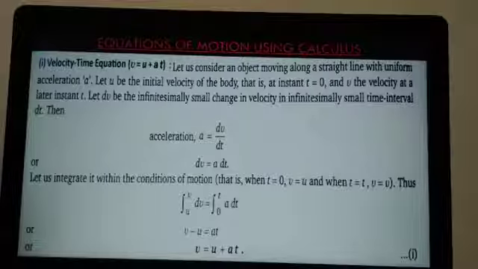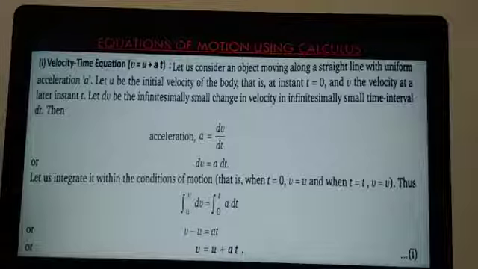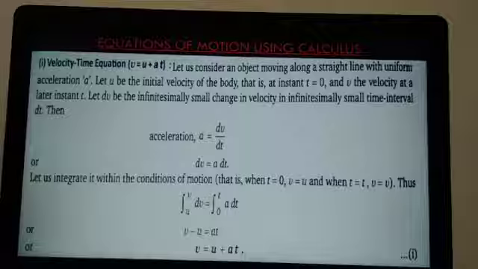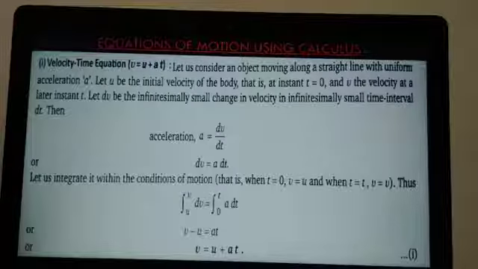Integral dt is t. a into t with the limit 0 to t. t can vary from 0 to t. When t takes the upper limit t minus the lower limit 0, t minus 0 will result. a into t minus 0, t minus 0 is t. So that will become a into t.